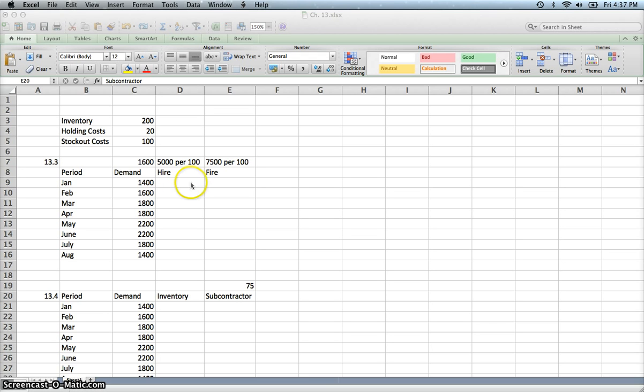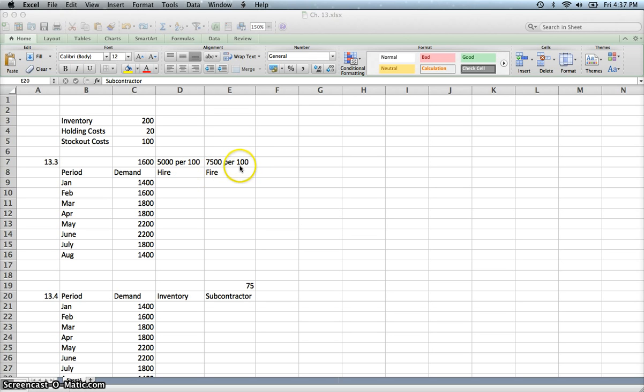So I don't know how many employees we're going to hire or fire. I just know that for an additional 100 units of production, it will cost us $5,000 in hiring additional employees and bringing them on board.